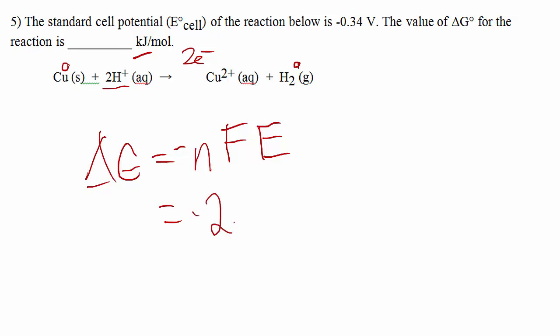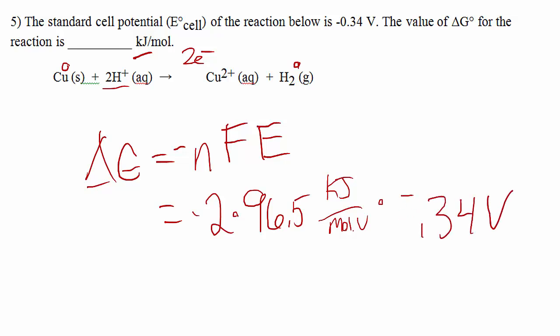So we have negative 2 times, in kilojoules, 96.5 kilojoules per mole volt times the E0 cell of negative 0.34 volts, which gives us an answer of positive 66 kilojoules per mole.